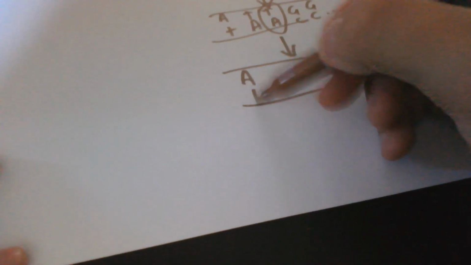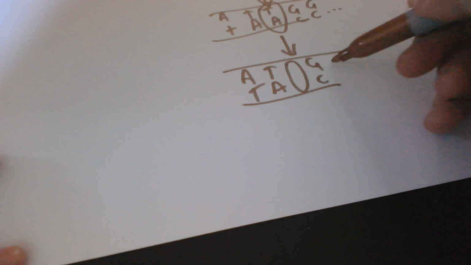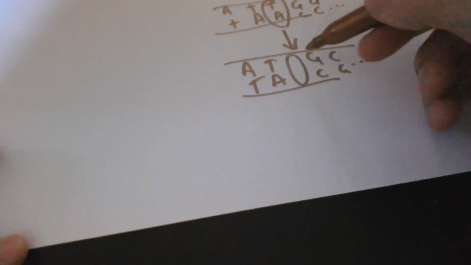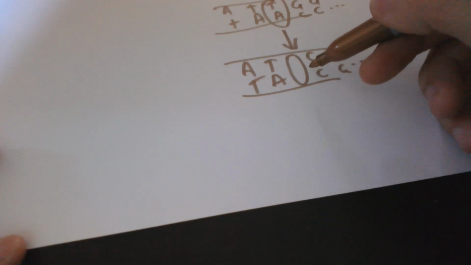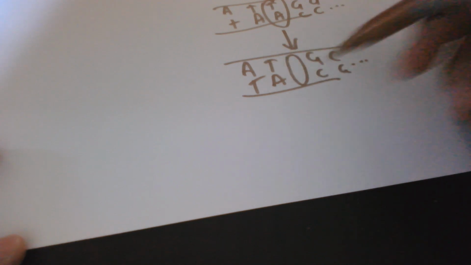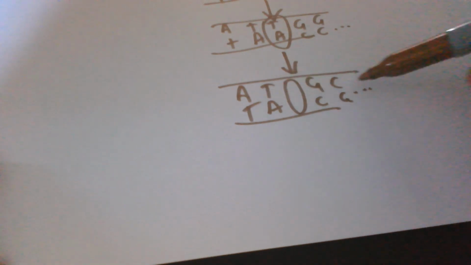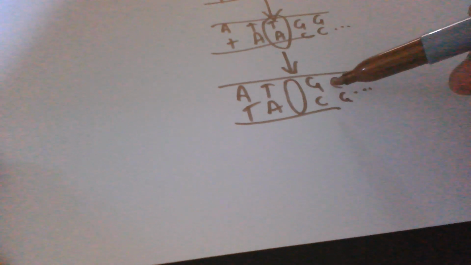So AT, TA, a big gap here, GC, and so it's deleted. This can disrupt the molecule by shifting the columns around. If there's a gap, these start to move about.